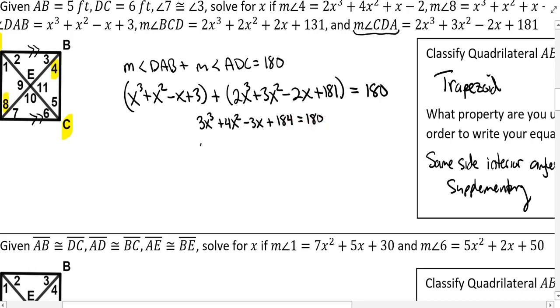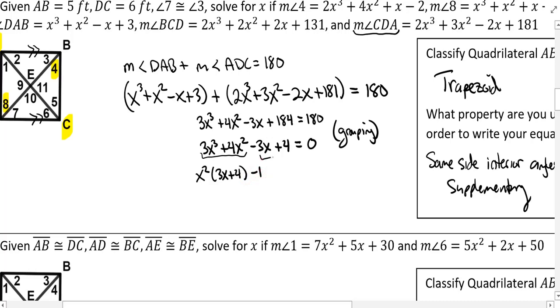Subtract 180 from both sides and you get 3x to the third plus 4x squared minus 3x plus 4 is equal to 0. We have 4 terms here, so we're going to try factoring by grouping. In the first pair of terms we can factor out an x squared, and we're left with 3x plus 4. Minus, factor out a 1 from the last pair of terms and get 3x minus 4.